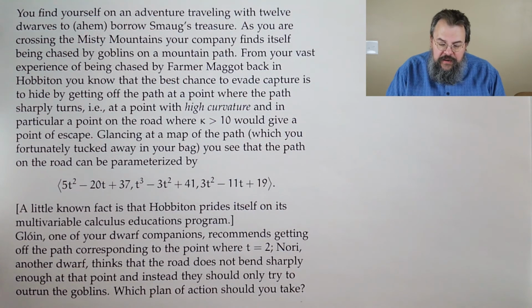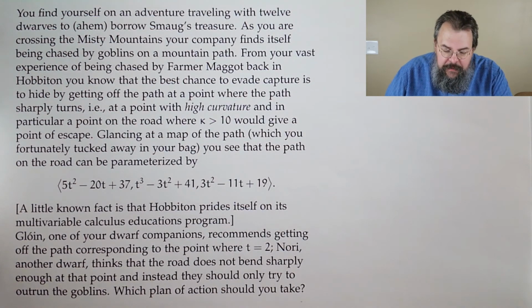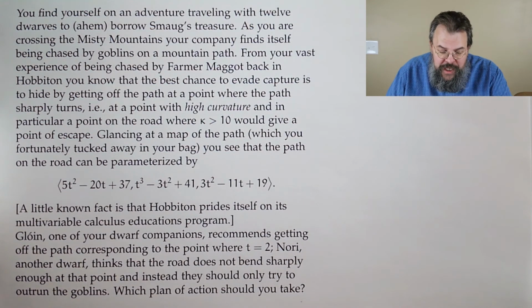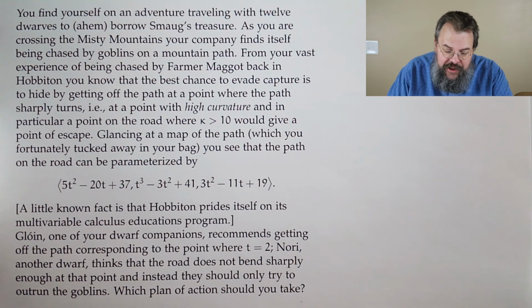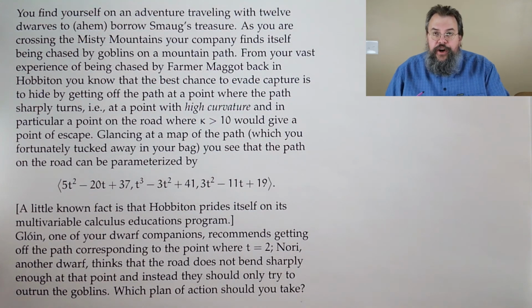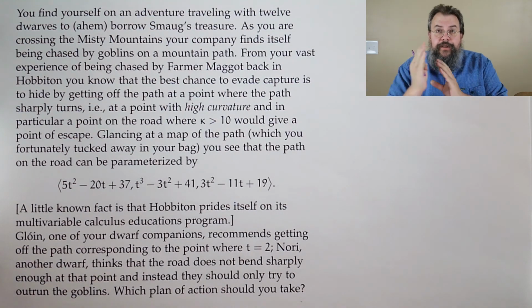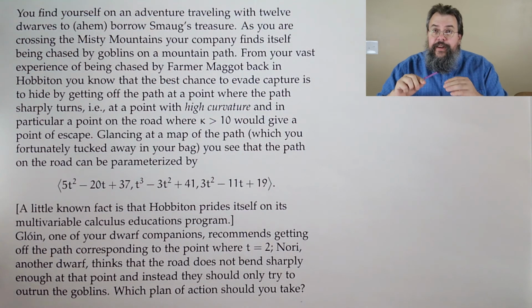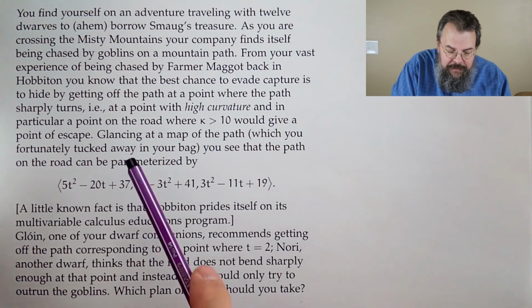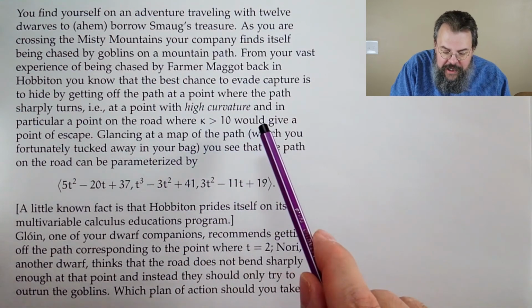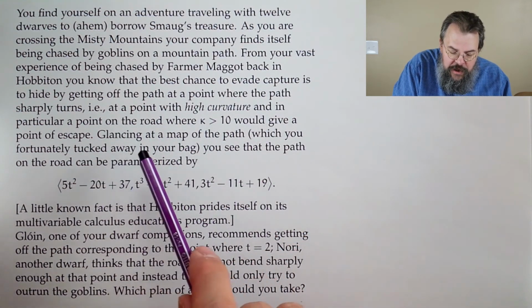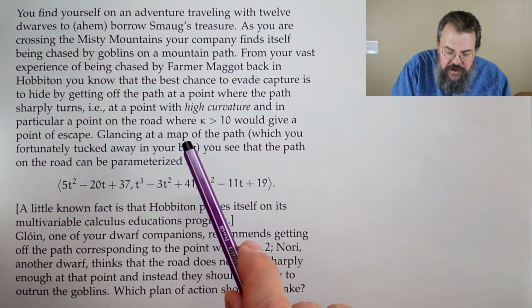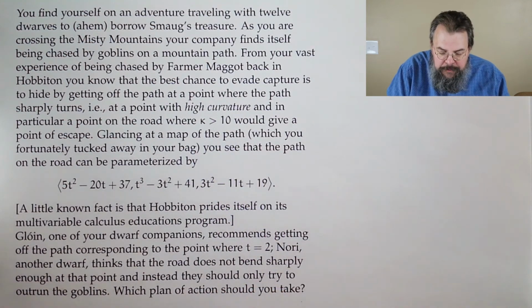From your vast experience of being chased by Farmer Maggot back in Hobbiton, you know that the best chance to evade capture is to hide by getting off the path at a point where the path sharply turns, because the more sharply it turns, there's a bend, and there's a chance for you to hide. So we're looking for a point with high curvature, and in particular, a point on the road where the curvature is above 10.